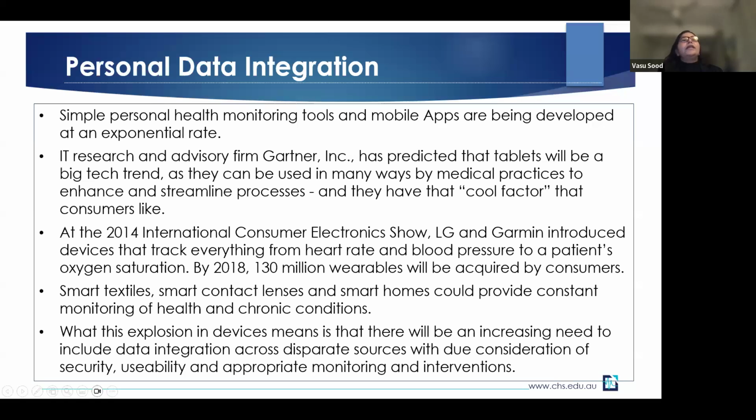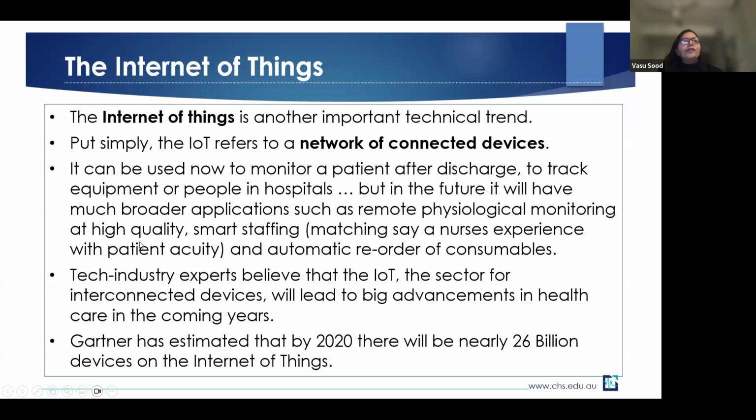Nowadays, because we have many emerging technologies like smart devices, smart lenses, smart home monitoring devices, these are creating a growing need to integrate data from multiple sources while ensuring strong security, ease of use, and effectiveness to support timely intervention. Moving to the next trend, that is Internet of Things.